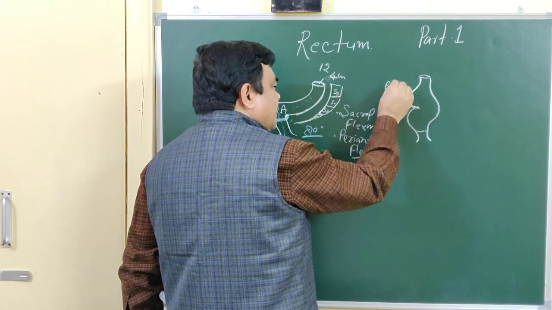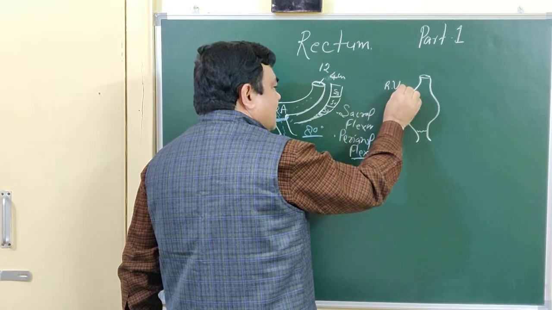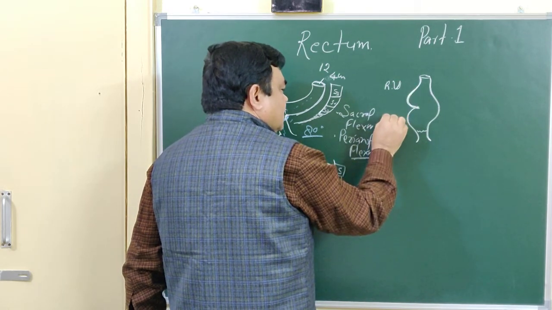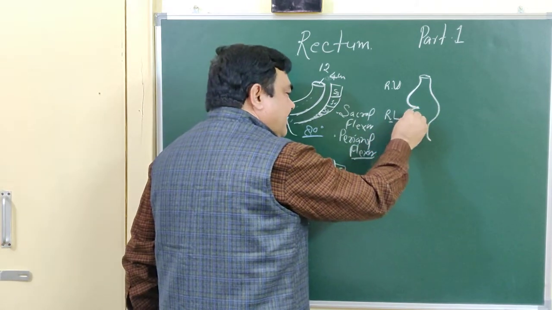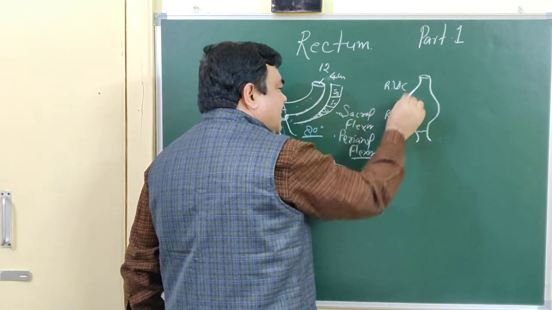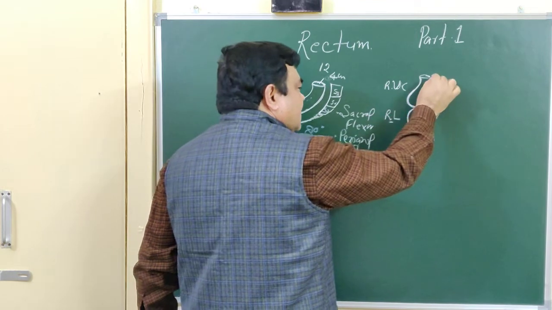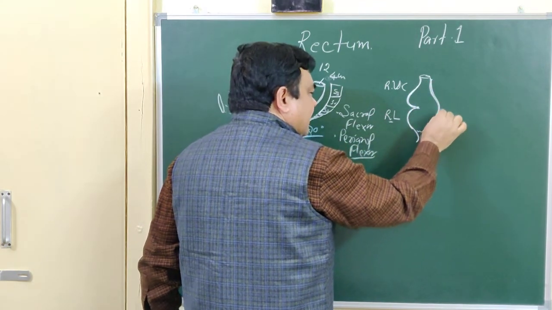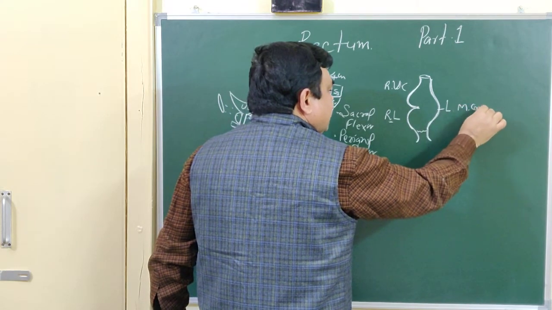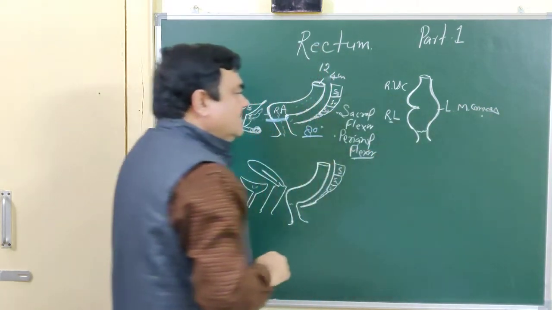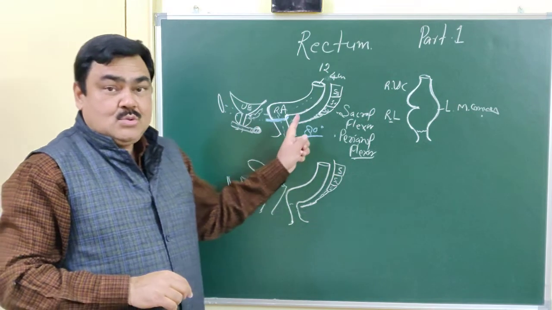This is the right lower convexity. This is the left middle convexity. So these are the curvatures.